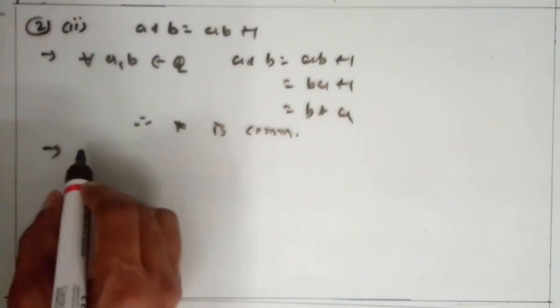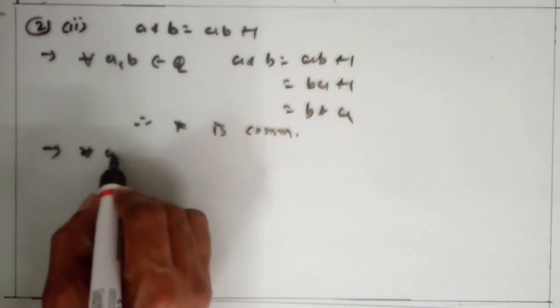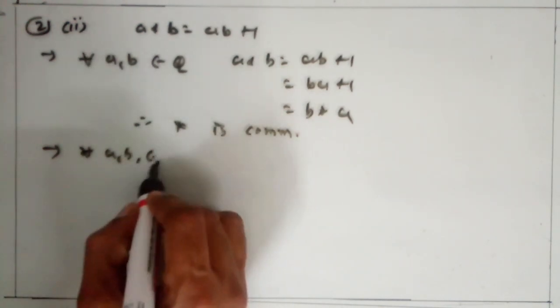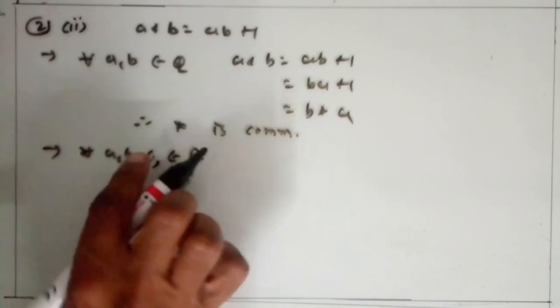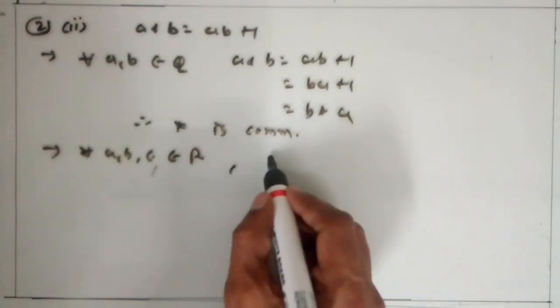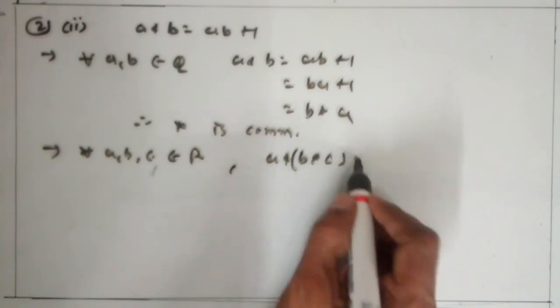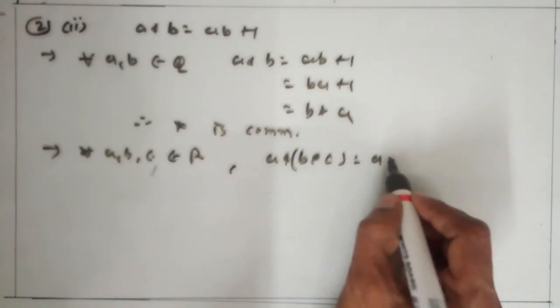Now for associative, take A, B, C belonging to R. A star B star C is equal to A star (B star C).